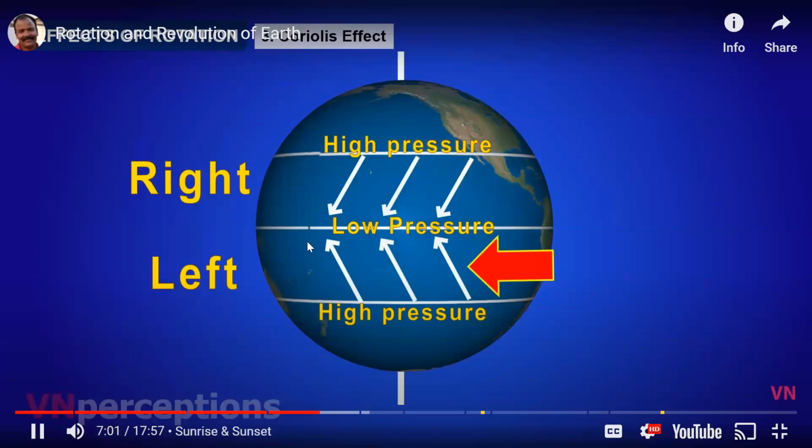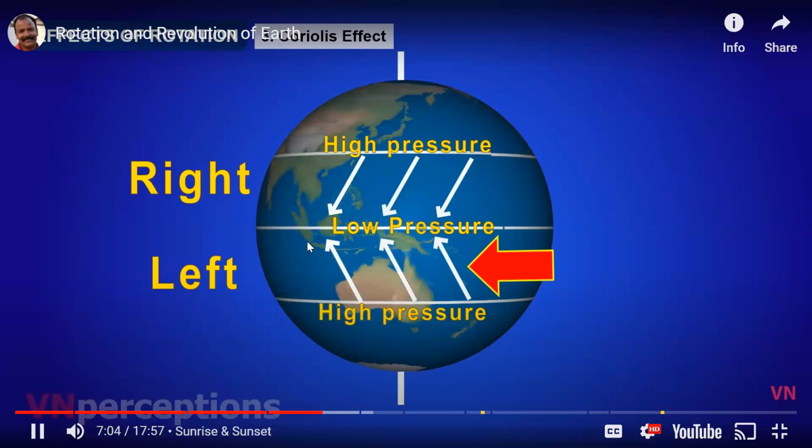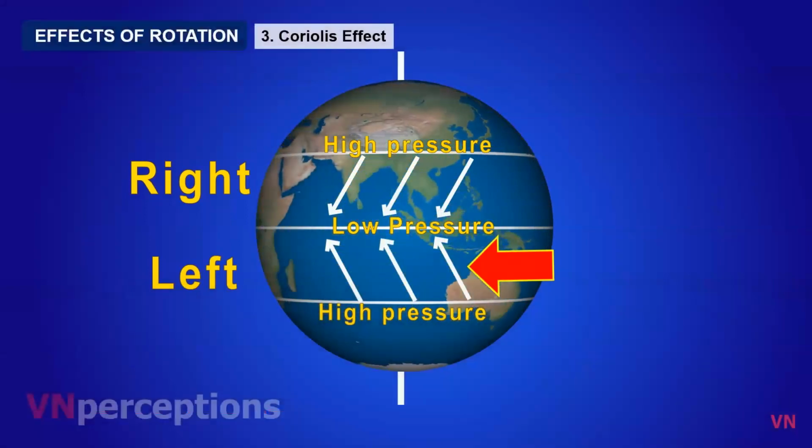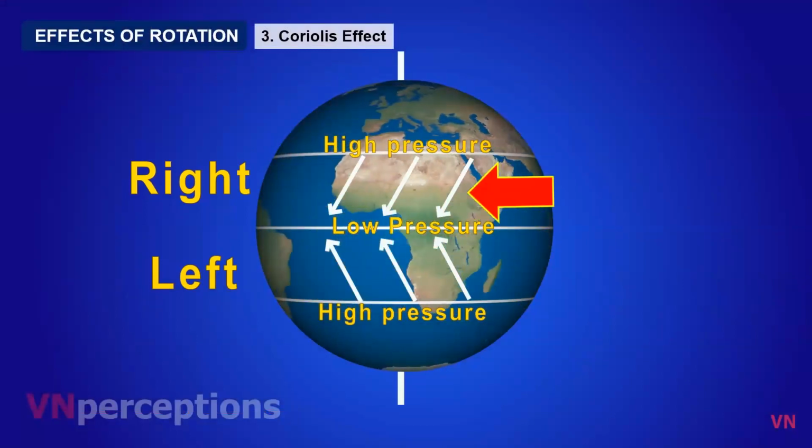Now when you look at these arrows, very interesting. It is very clear that they are bending towards left. But when you are looking at these arrows, it will appear as if they are also bending towards left.